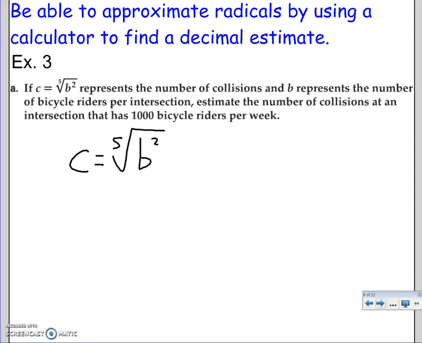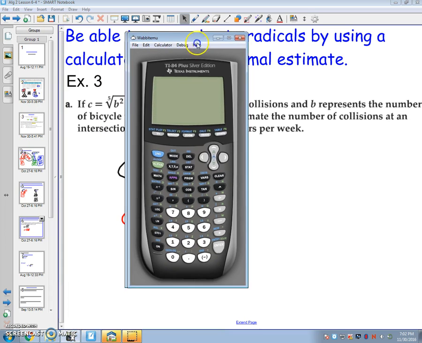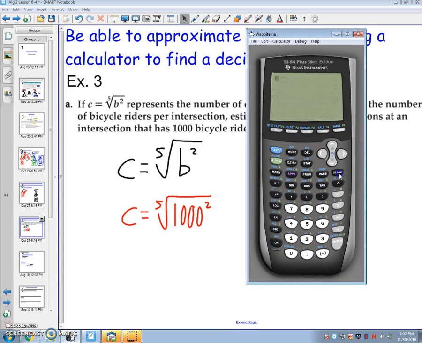What do they say? C is the number of collisions, B is the number of bicycle riders at the intersection. Estimate the number of collisions, so find C if there are 1,000 bicycle riders per week. So we know B is 1,000, so C equals the 5th root of 1,000 squared. Well, use a calculator for that. So remember in the calculator, you go to math.